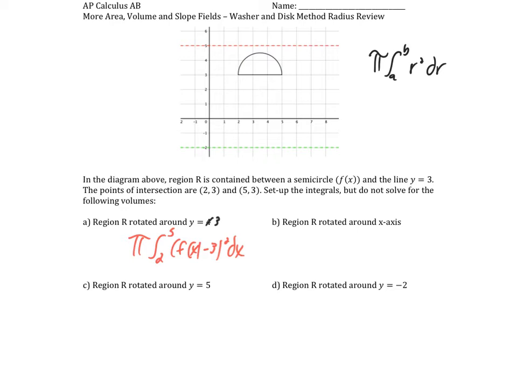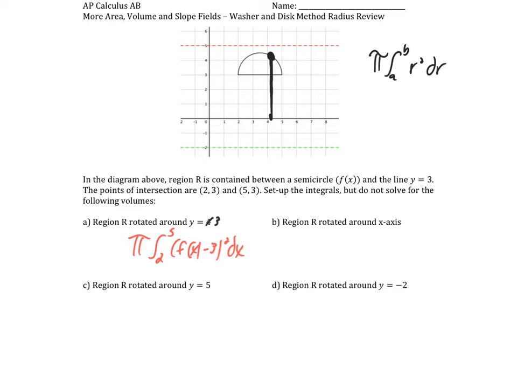So here's what we're going to do. We're going to be thinking outer radius minus inner radius. I would consider that the outer radius. And the way you can always tell what the outer radius and the inner radius is, I would start at the line of axis of rotation and draw a line from the axis of rotation all the way to the furthest function, which in this case is f of x.